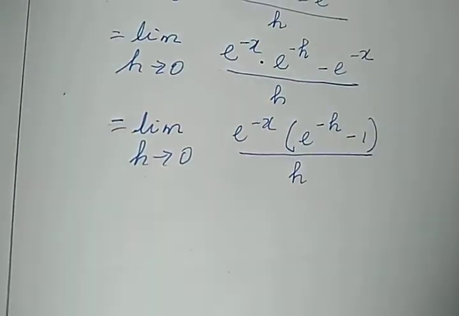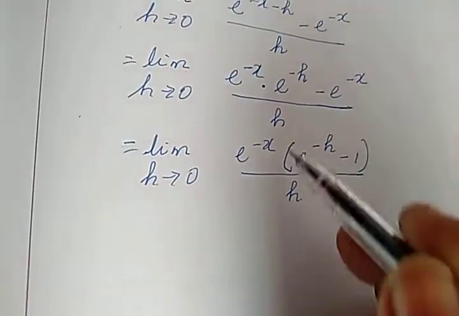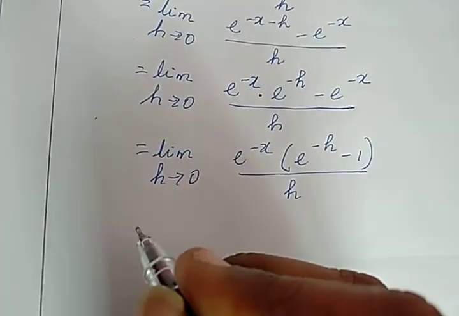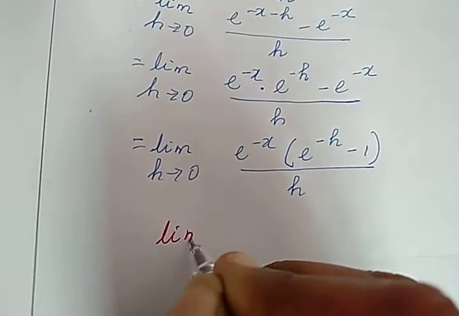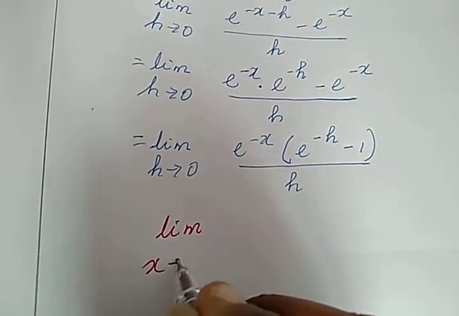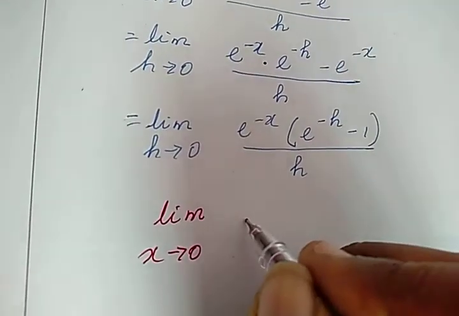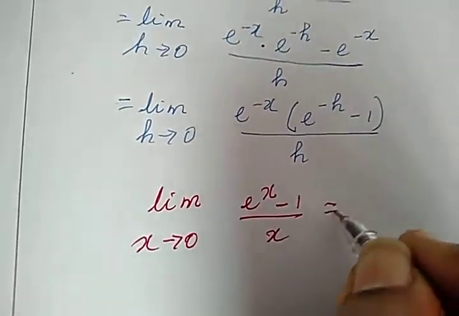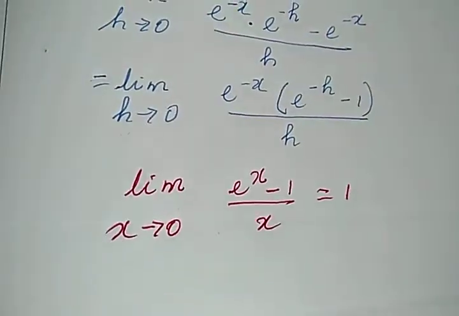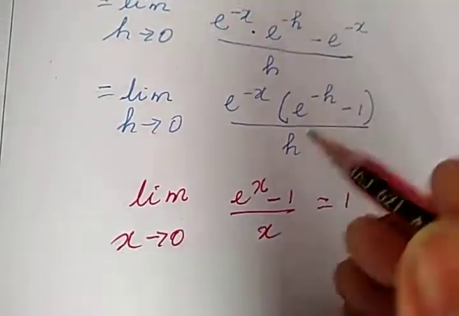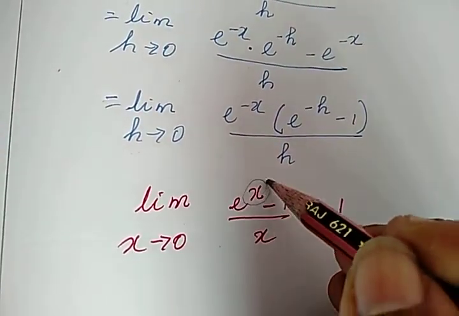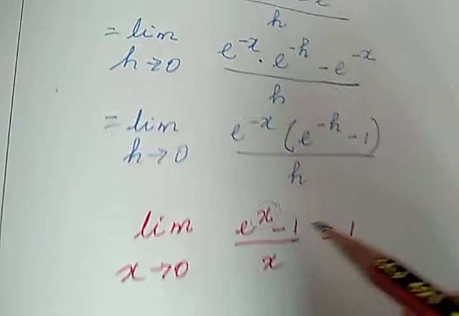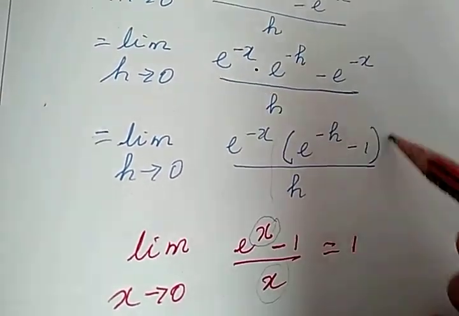Here I am going to use a formula to eliminate this part alone. The formula is limit x tends to 0, e to the power x minus 1 divided by x equals 1. Whatever is in the exponent must be in the denominator also. Here I am going to eliminate this part alone.